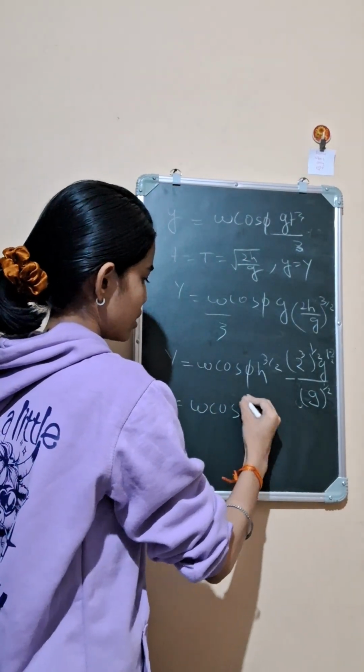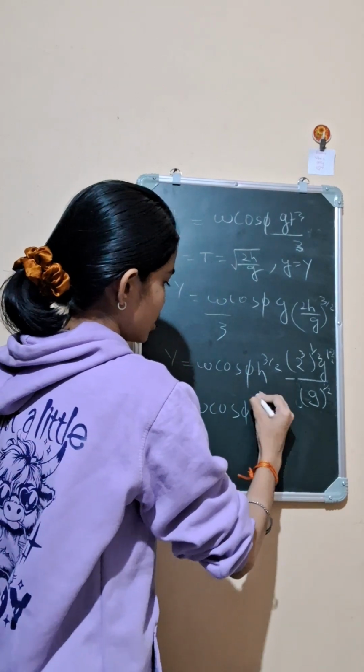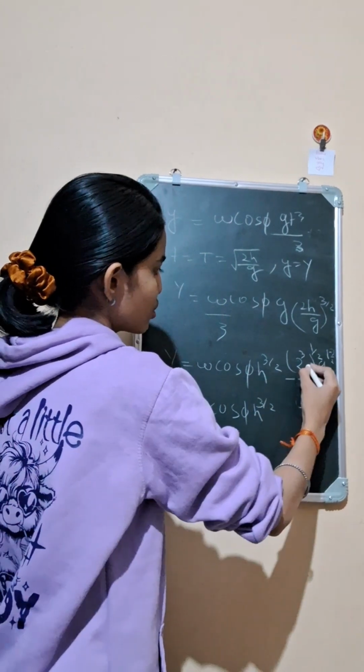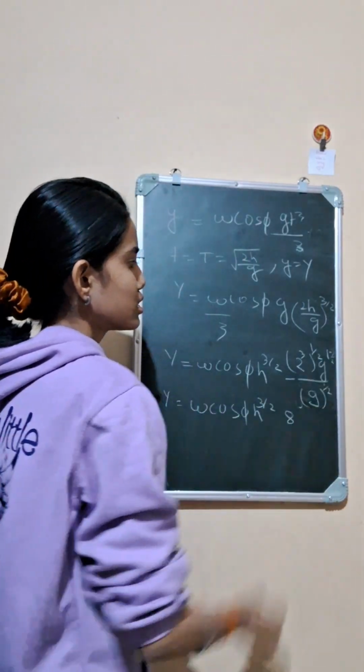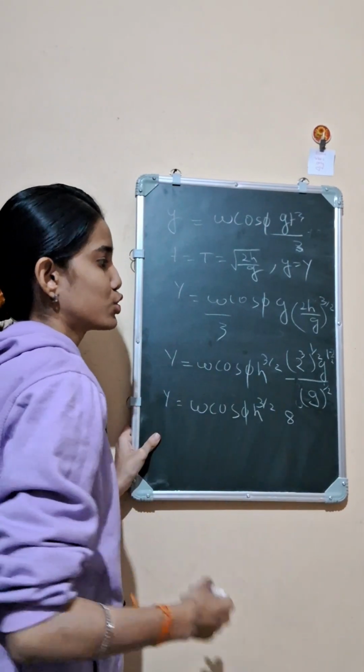Cos phi h to the power 3 by 2. 2 to the power 3 means 8. g to the power 1 minus 3 by 2 will be equal to minus 1 by 2.